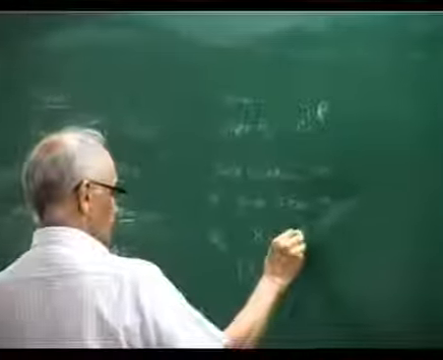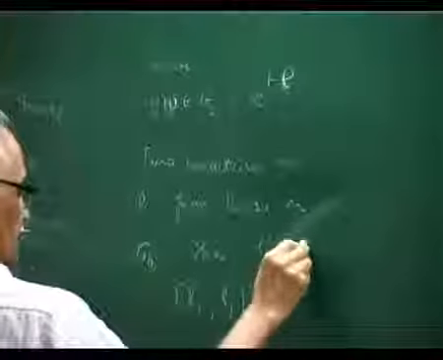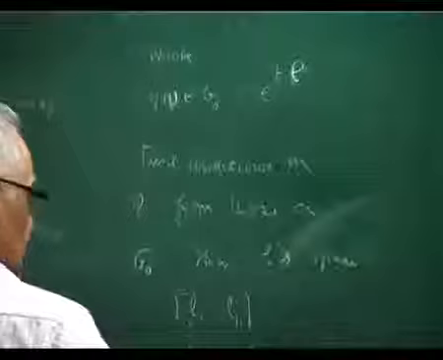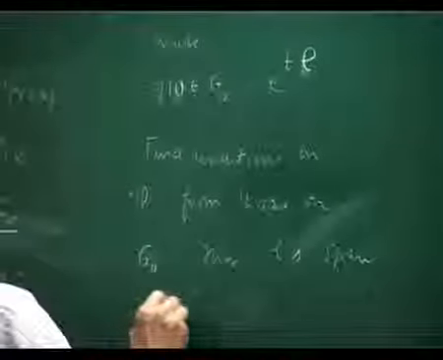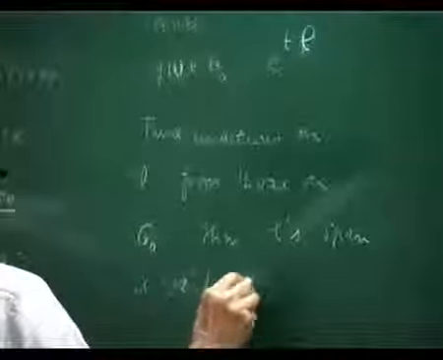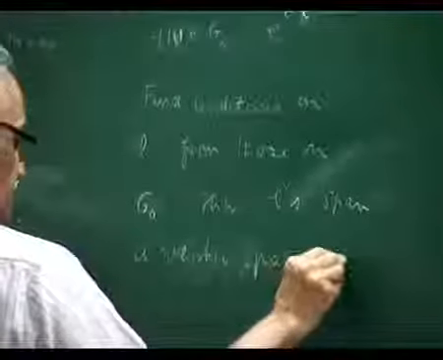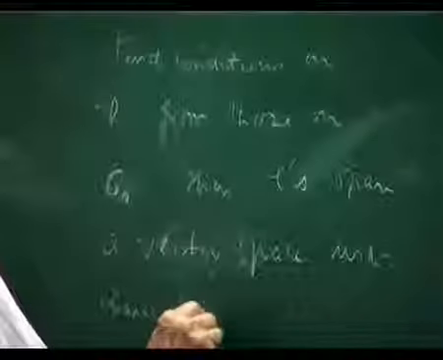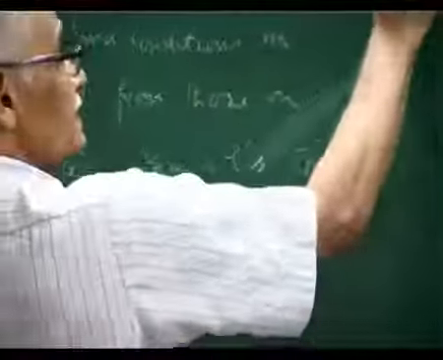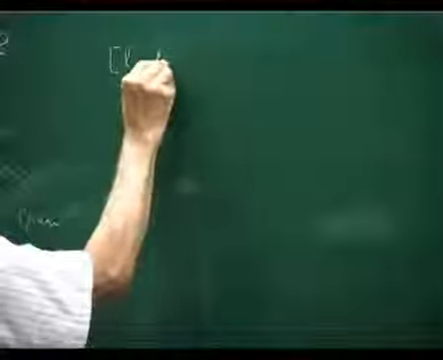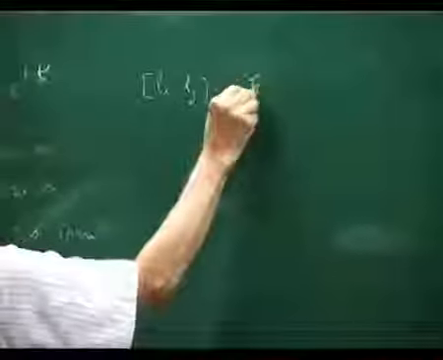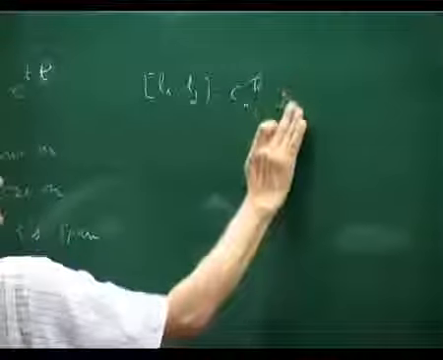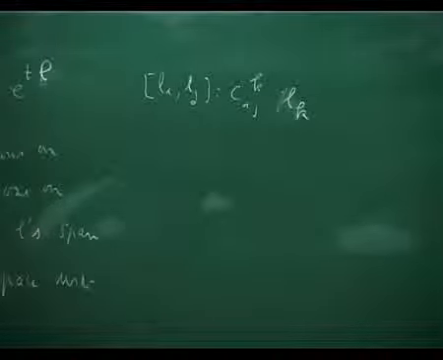The L's span a vector space with basis Li, and the bracket Li Lj is C^k_ij Lk. And the C's are the structure constants.